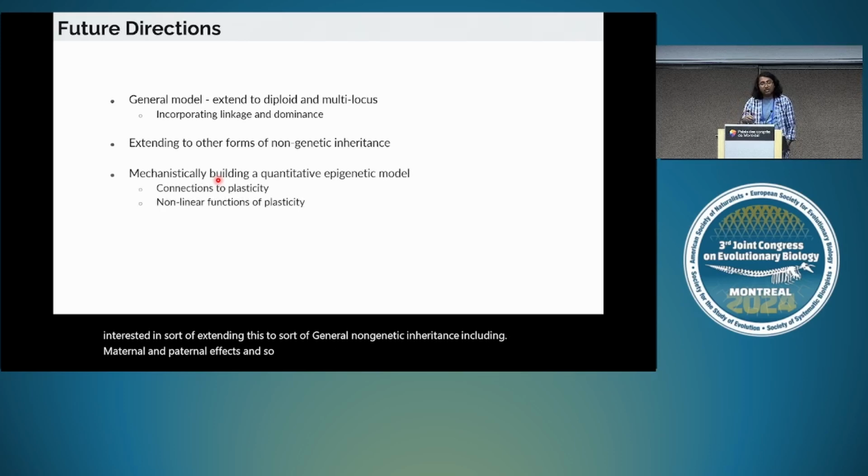And another point is to extend this to a quantitative genetic type model and mechanistically look at, if epigenetics is the cause of plasticity, what kind of reaction norms you get, and see how you build up nonlinear forms of plasticity through the mechanistic aspects of it.